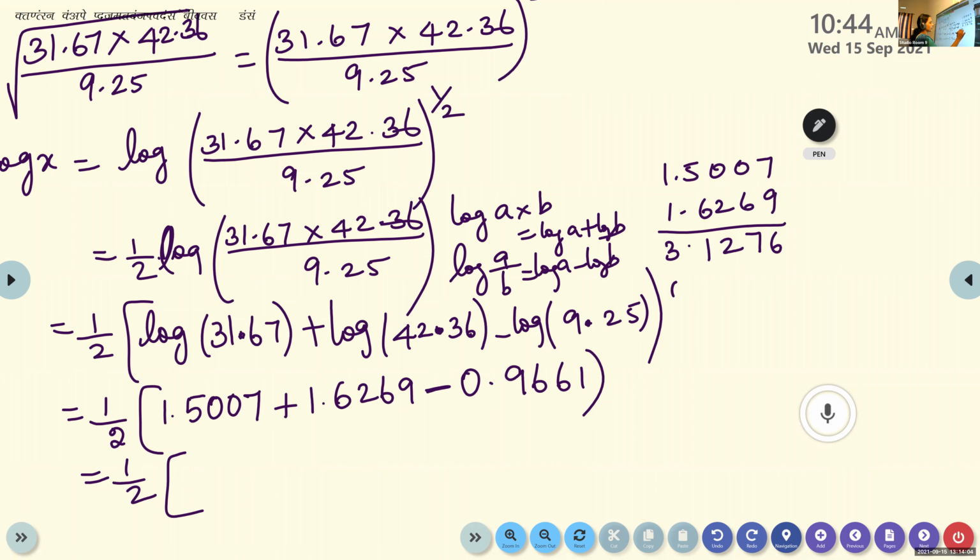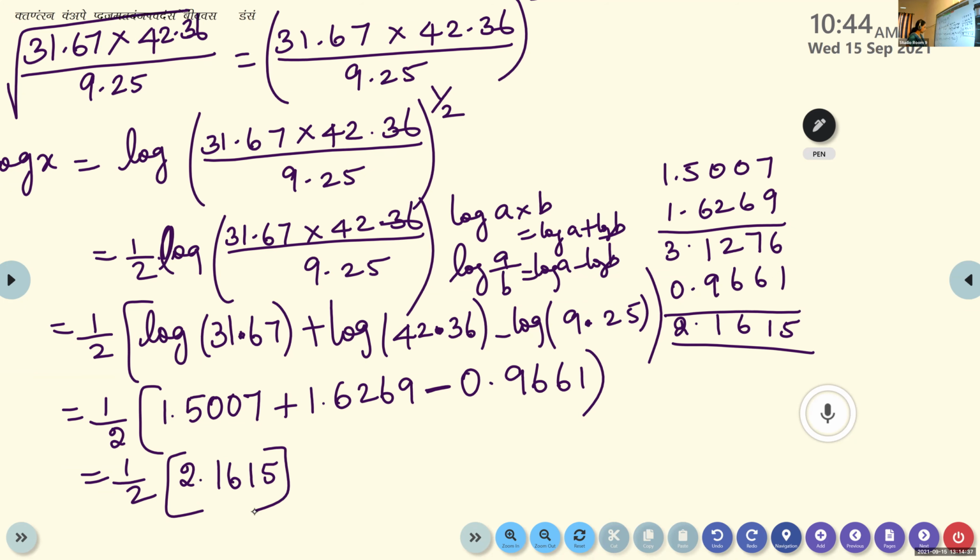From here, you subtract 0.9661. So 6 minus 1 is 5, 7 minus 6 is 1, it is again 6, 1. Is it correct? You check it, children. Do the calculation and check your answer. It's 2.1615.